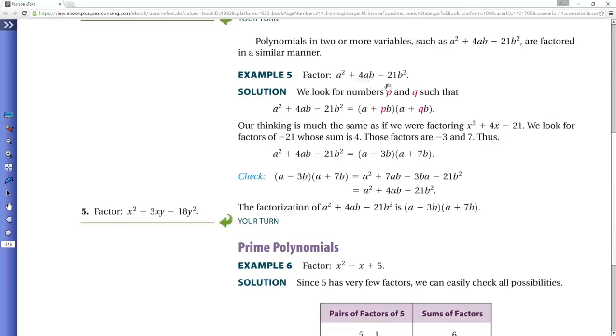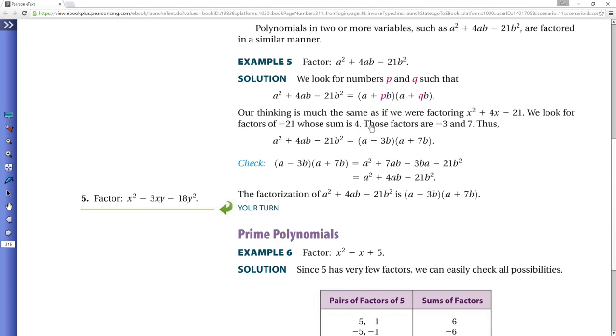I have 4a times b, because you think about FOIL here again. The inner is going to be some number b times a. I'm going to get some constant times ab, because I usually put it in alphabetical order. And then the outer times outer is a times some number times b.